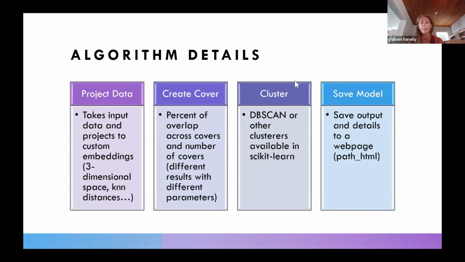These are the really important parameters. Depending on how you embed it and how you're looking at different pieces of it, you can get very different results. From creating these covers, we then apply clustering to see how all of these pieces get put together into groups. And we can save the model output with some of the tools that exist to get a really nice visualization of what's going on in our data.